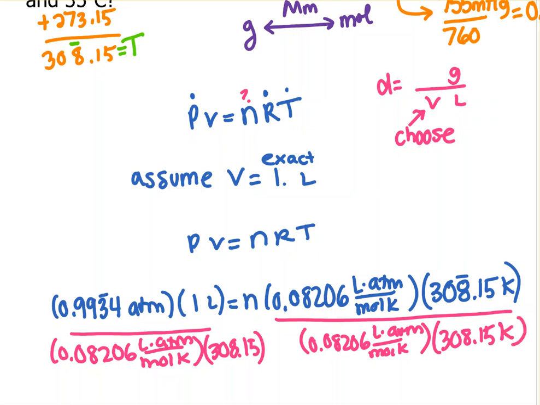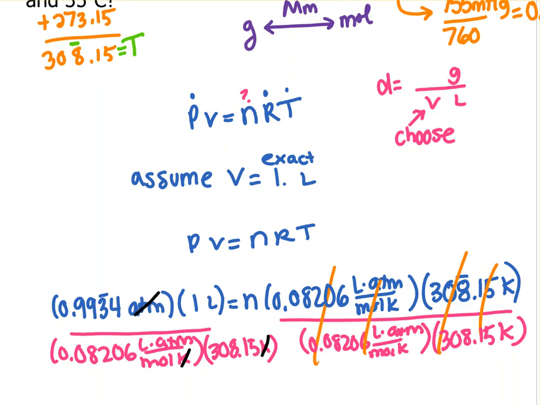And of course, it cancels on this side. Over here, I need to look at my units. There's actually a K right there. When I look at my units, this K cancels with that K.